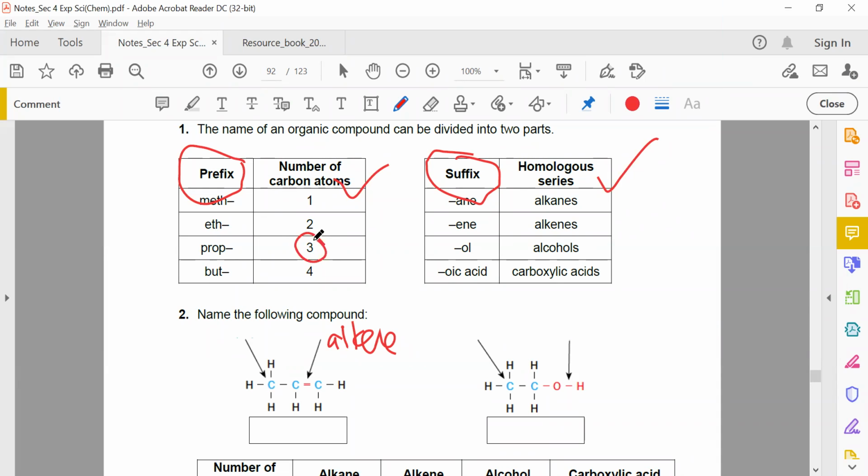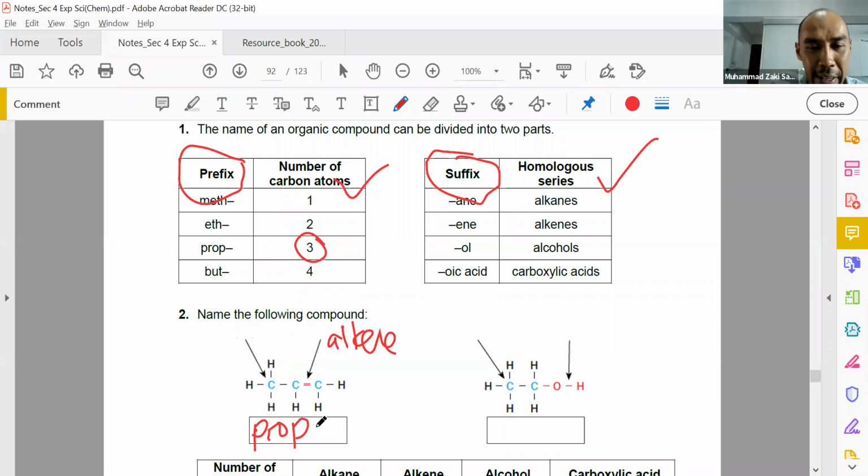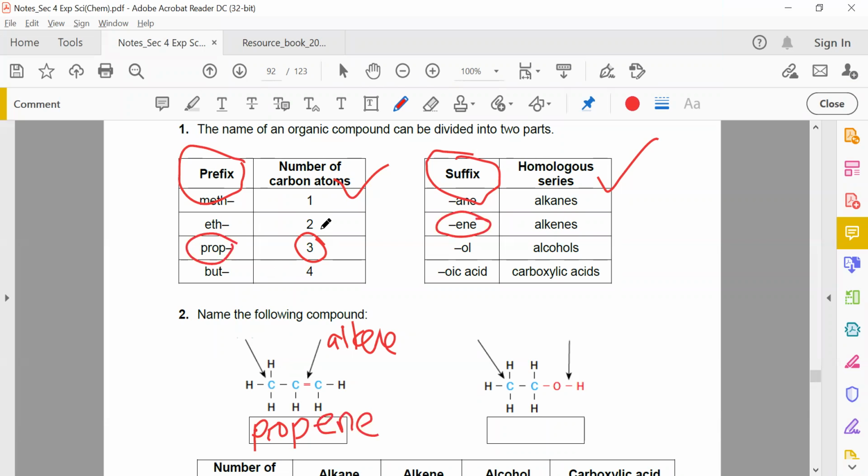Okay, so what should be the front name? Prop. Prop what? Propene. Yes, propene. Okay, good. Prop and ene. Okay, propene.